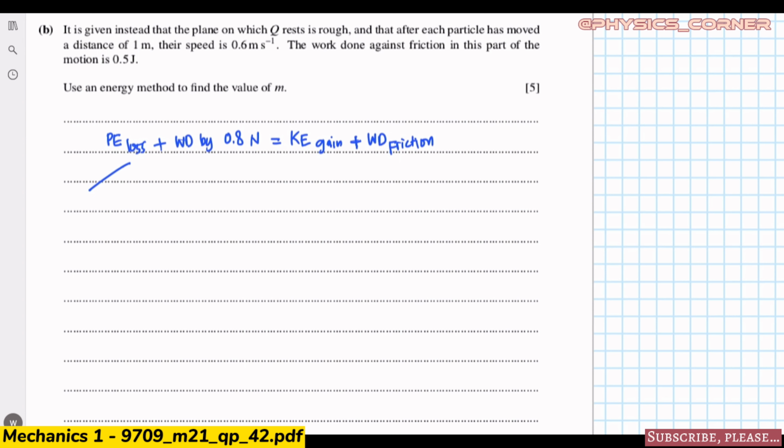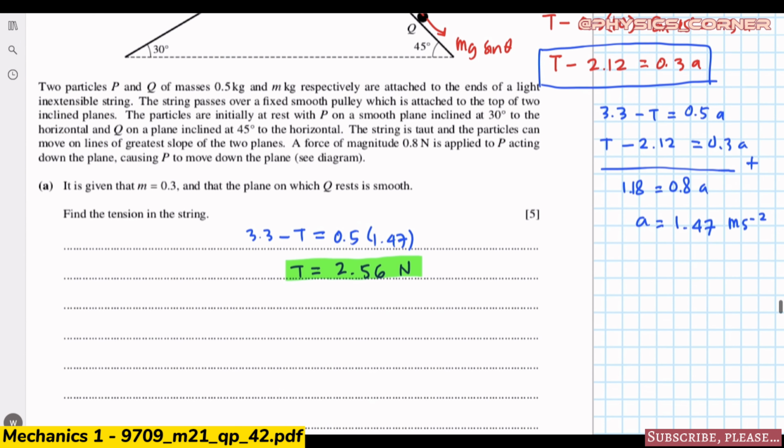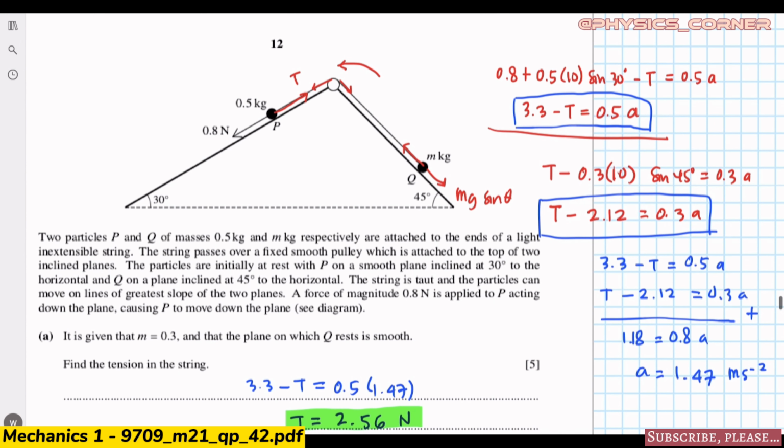And potential energy loss is, we have two kinds of potential energy. Between 0.5 g, mg, they have a 1 meter distance on the plane.